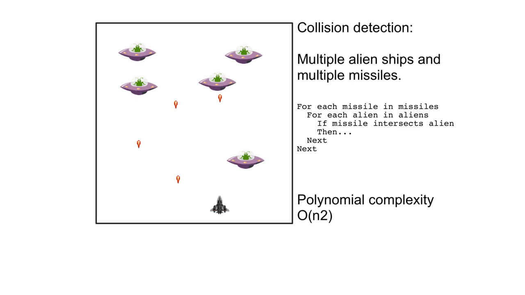We may not notice it if we've only got a small number of alien ships and a small number of missiles, but as this game scales up, we start to realise that we're getting some performance issues and we're going to drop our frames per second. So we start to ask ourselves, is there a better way? Can we somehow reduce the time complexity from polynomial back down to linear?